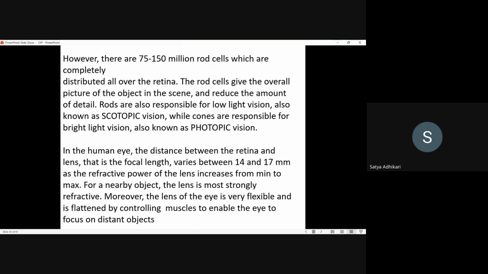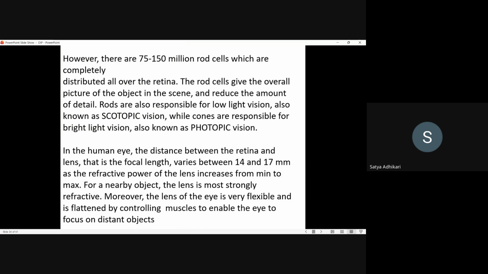However, there are 75 to 150 million rod cells, which are distributed all over the retina. So there are 75 to 150 million rods. The rod cells give the overall picture of the object in the scene and reduce the amount of detail. Rods are also responsible for low light vision, also known as scotopic vision.